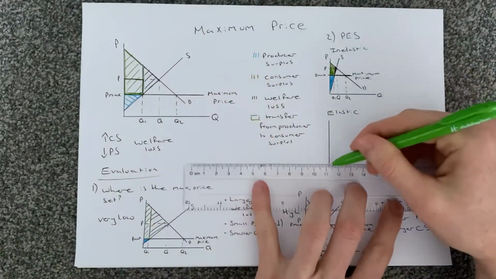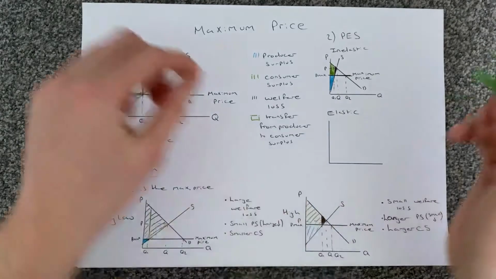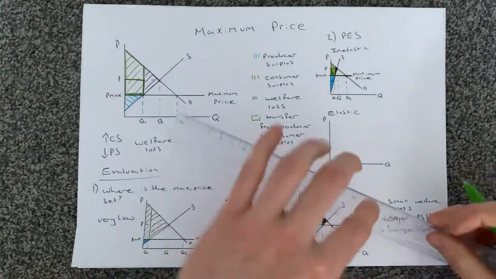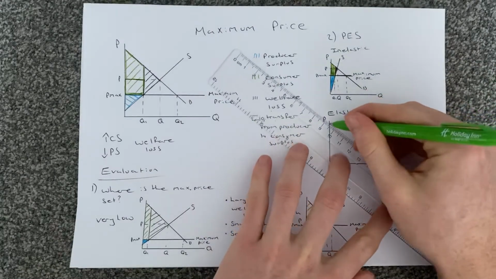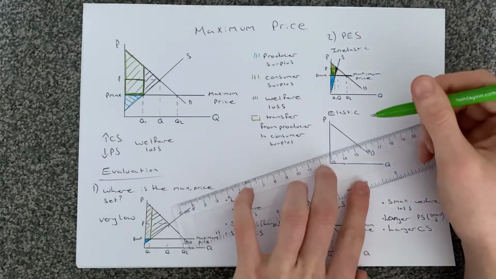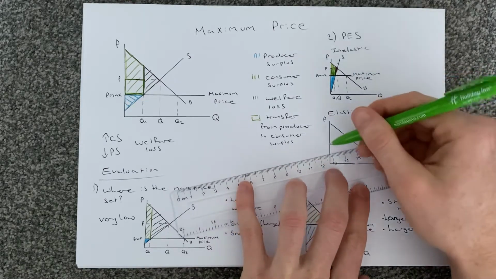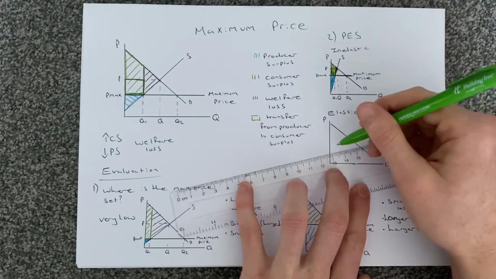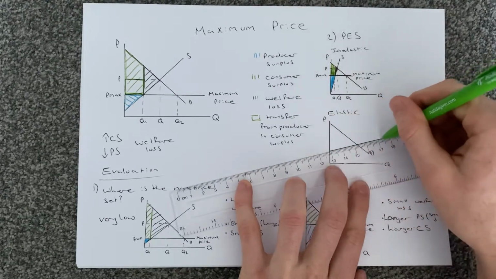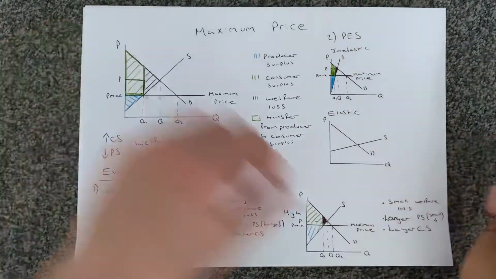So draw a diagram for a price elasticity of supply, which is elastic. So we've got price, we've got quantity. We're going to put our downward sloping demand curve in. And this time we're looking to make our supply curve nice and elastic. Like so. So supply like that.